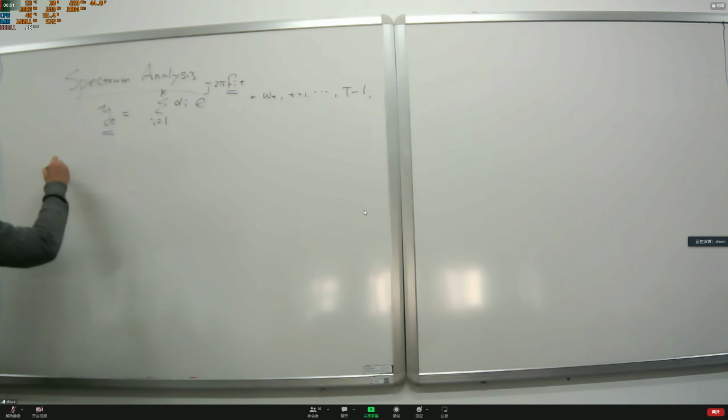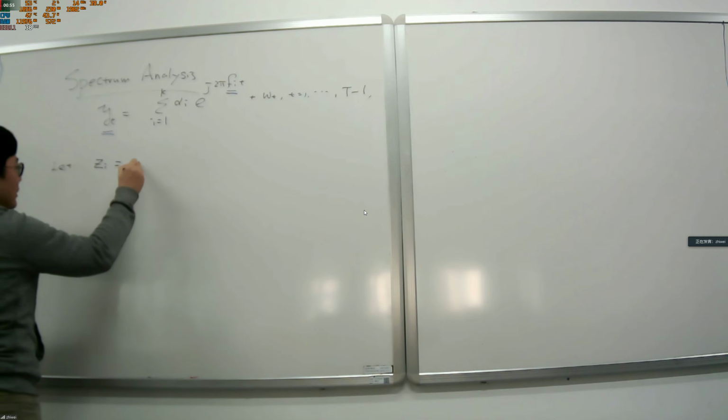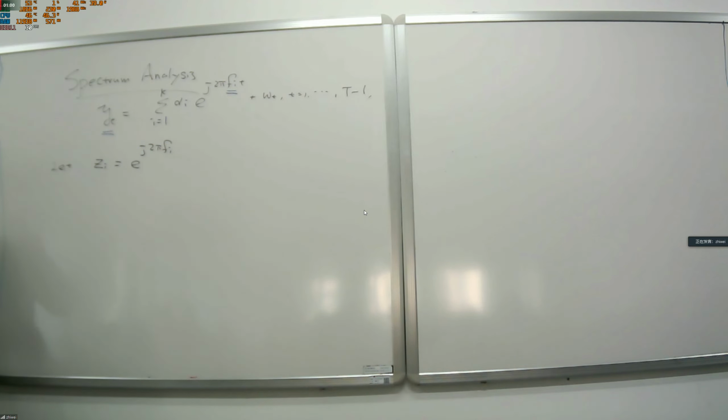And we define this for convenience: define this zi being this exponential 2 pi fi, right?